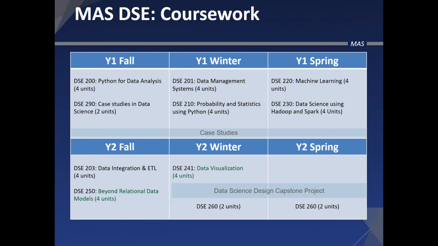So the coursework. The program is a 2-year program with classes on Friday and Saturday every other week, no summer class. Laid out here, you can see what the courses are. We start with Python for data analysis and case studies, in which we bring experts working in the field of data science to better understand the applications.